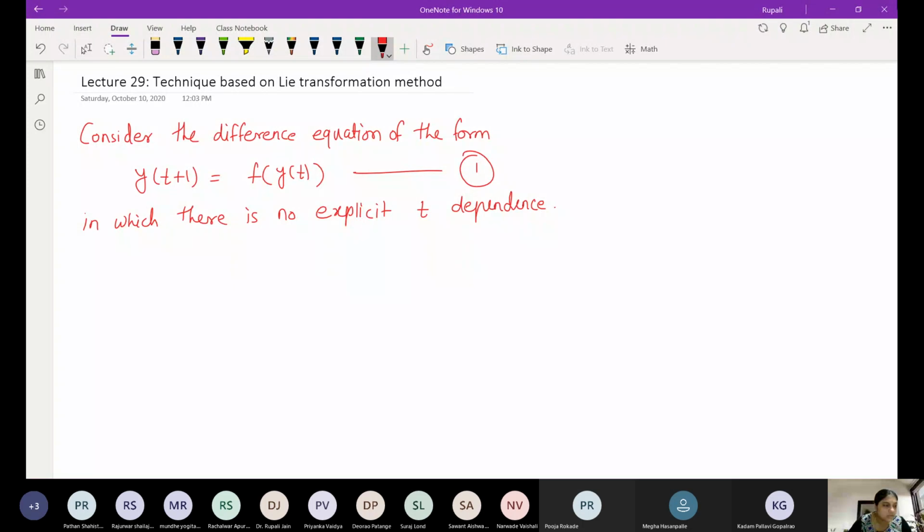What about others? I can see it, ma'am. Okay. You can check again then, or you can disconnect and again rejoin.